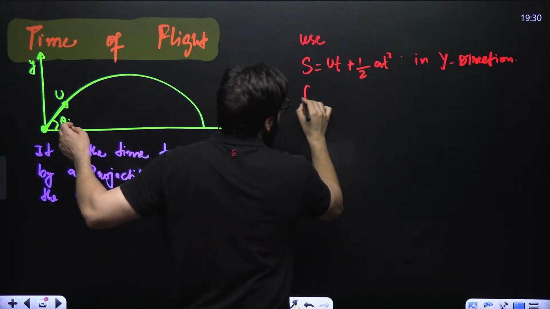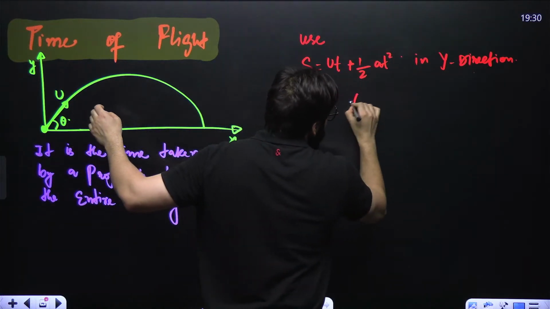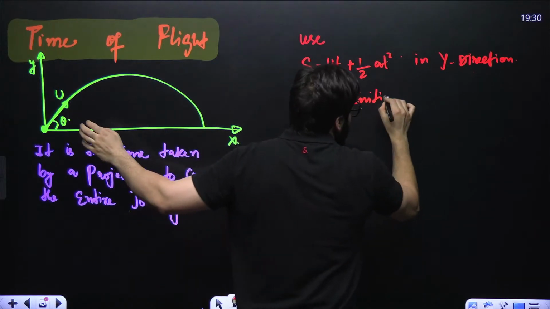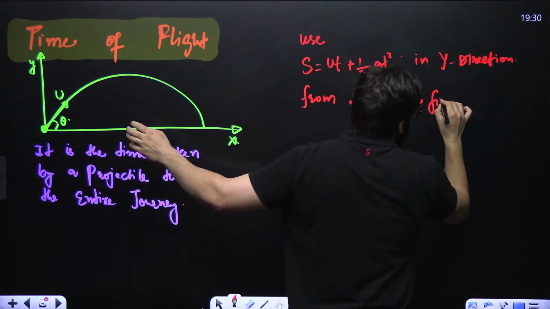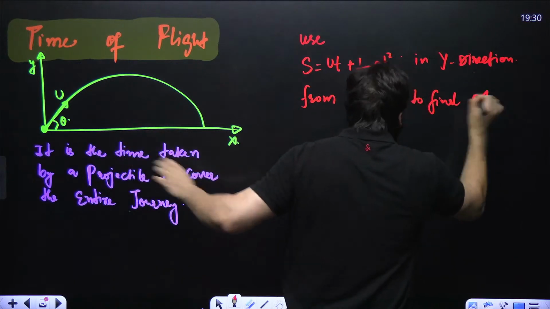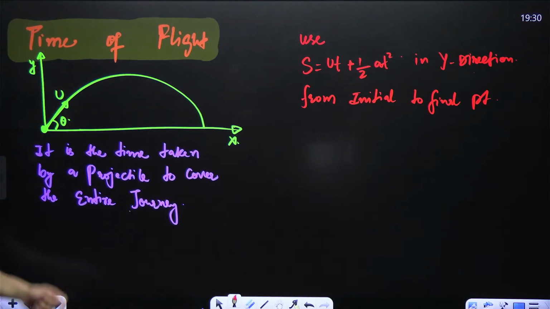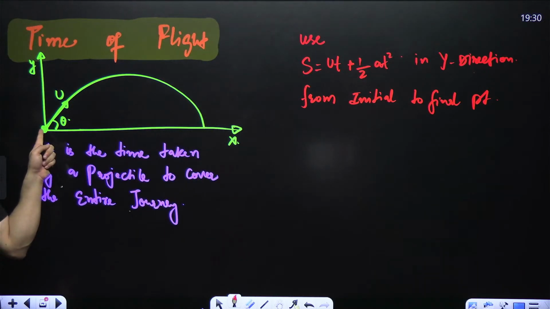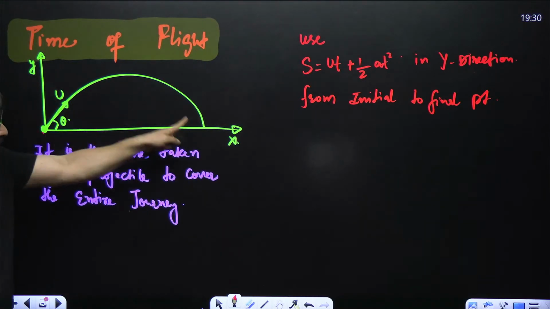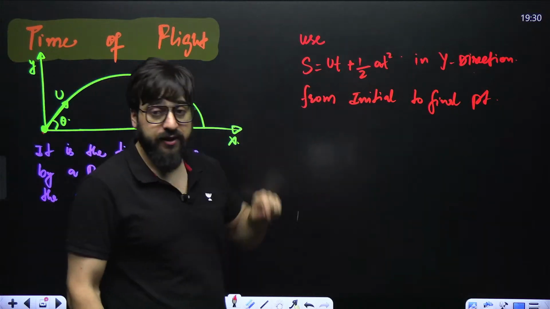We say from initial to final point. Sir, why would I use this equation from initial to final? Because I have to find the time taken by the projectile from initial to final point. That's the reason I'm using it.